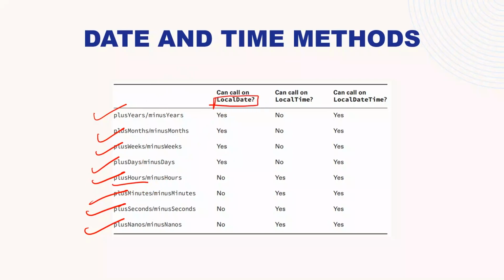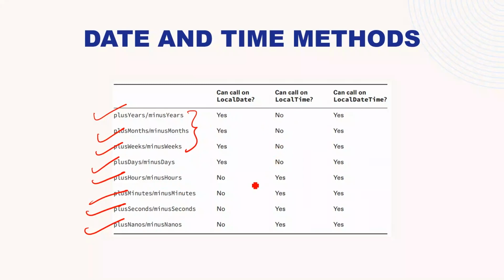Because LocalDate doesn't deal with hours, minutes or seconds. It deals with years, months and days. So it makes sense to call these three methods on the LocalDate object, because these are years, months and weeks. If you call plusHours or minusHours on LocalDate, it is not possible, right?